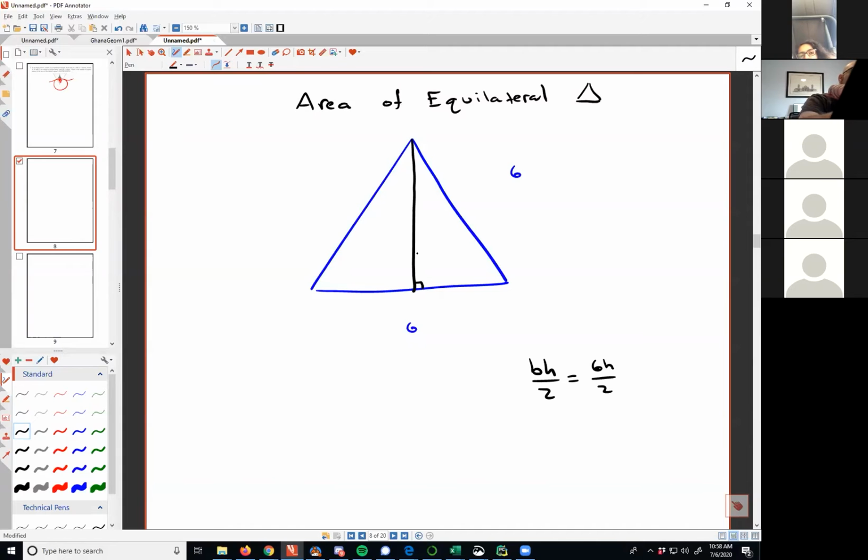If we drop that altitude, by symmetry, we're dividing the base into 2 pieces. You could say by symmetry, or you could say we've got 60 degrees, 60 degrees, and we have 2 angles and a side in between that are the same.